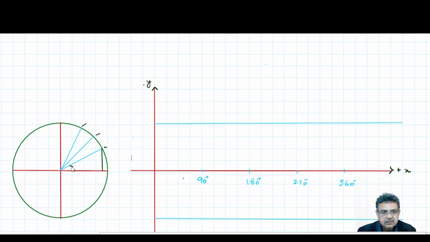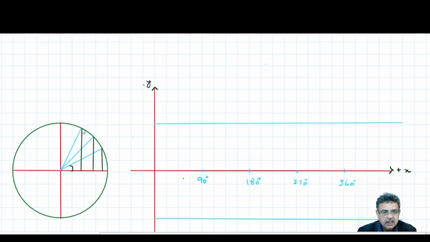This is the value of opposite when angle is 30 degrees. And then you can see that the value of opposite now becomes this much when the angle is increased from 30 to 45 degrees. And when the angle is 60 degrees, it is further increased. So you can say that the value of opposite increases when angle is increased.